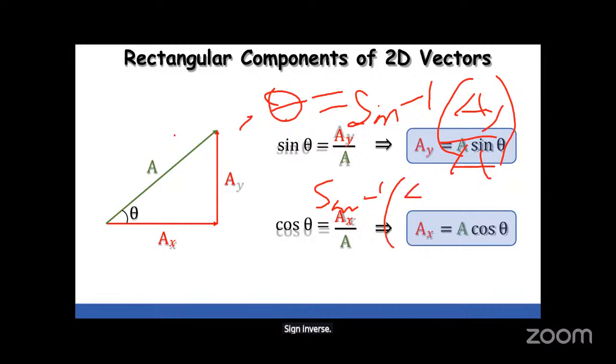Ay is 4, A is 5. So that is sine inverse of 0.8.